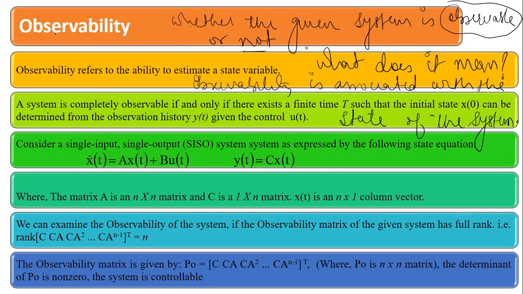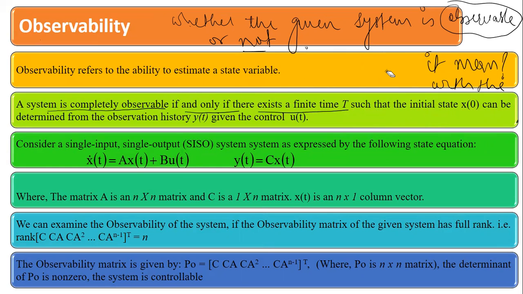So we will define that the system is completely observable if and only if there exists a finite time. There we were talking about controllability and the control law. Here we are talking about the finite time.